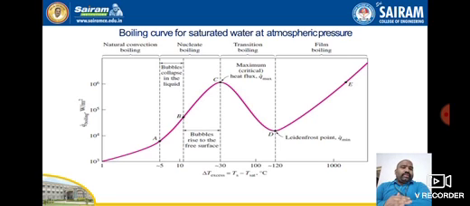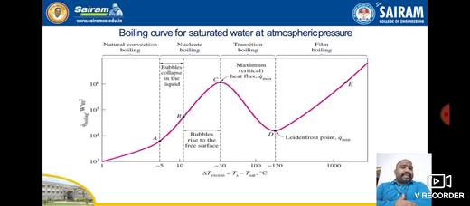At the top layer of the heated water, the bubbles accumulate at the surface. Once it reaches point C, transition boiling occurs, because it reaches the maximum temperature or heat flux.